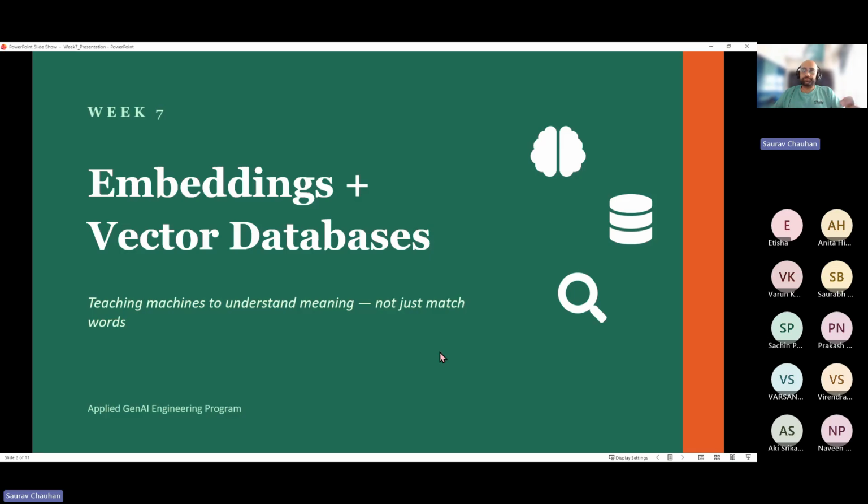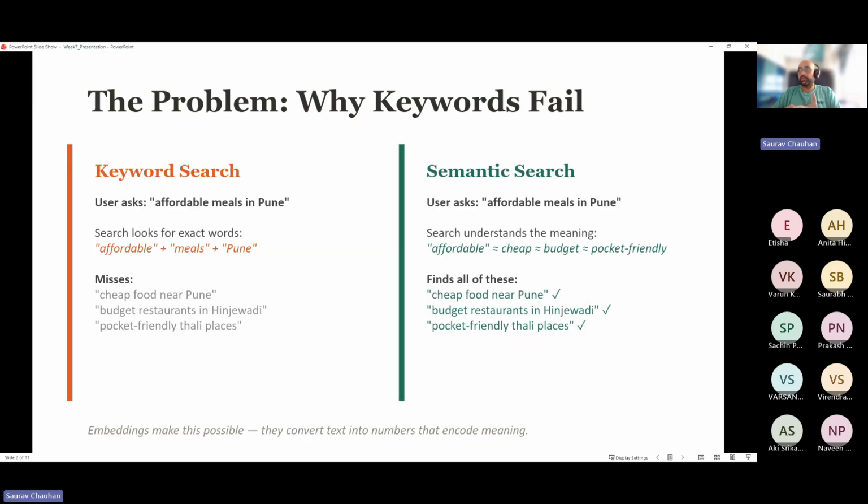Now look at this. User asks: affordable meals in Pune. If you look at general search, what will it do? It will start looking for the exact words: affordable meals Pune. But do you think Google search also works like that? If you search for the word affordable, will Google only give you the answers that use the exact word affordable?